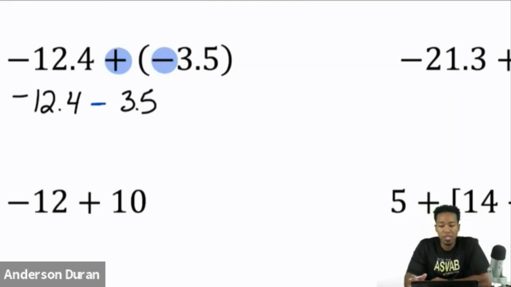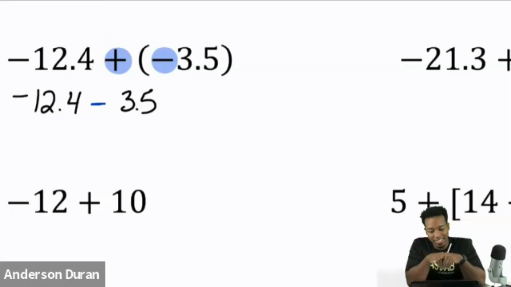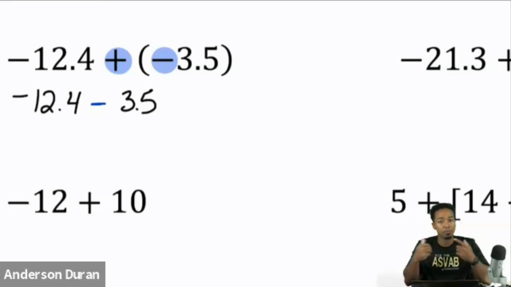Just because there's a decimal involved doesn't mean the approach changes. We got to stay calm, cool, and collected here, all right? And so if we're already negative, going more negative, that is the same thing as doing what? What's the A word there? If you're already negative, going more negative, we are basically adding. Exactly. So everybody, 12.4 plus 3.5.